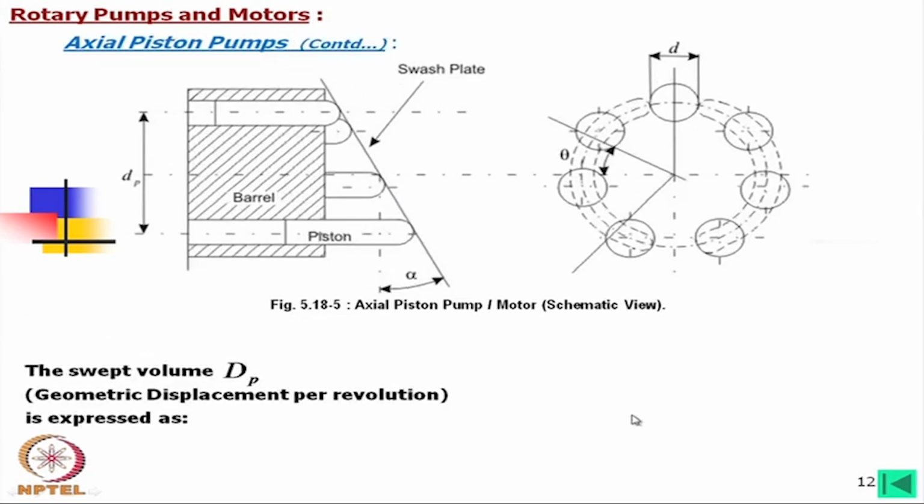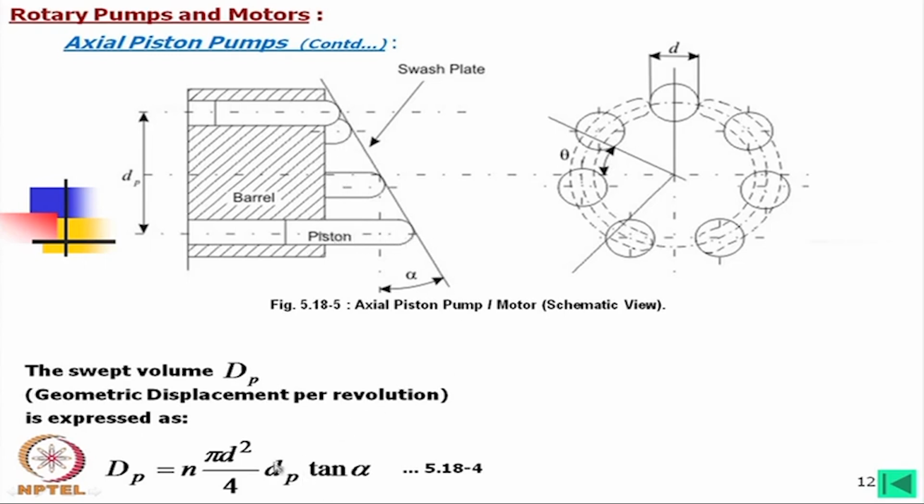Swept volume can now be expressed with this formula. In the last lecture I have discussed, we have considered here the total volume. dP into tan alpha is this length, this is dP and tan alpha is this length.